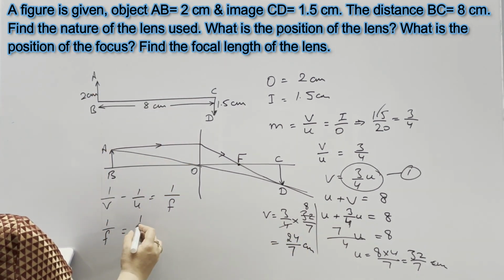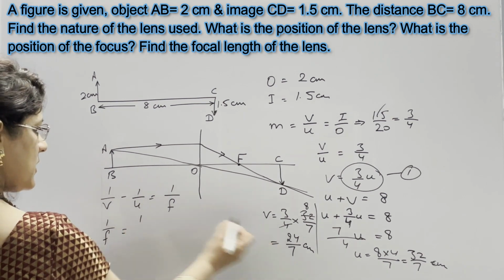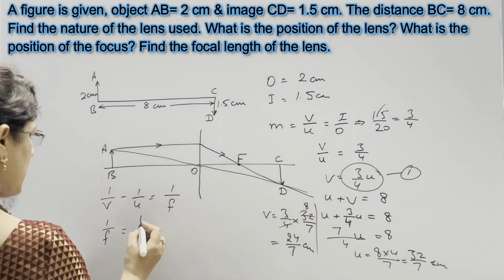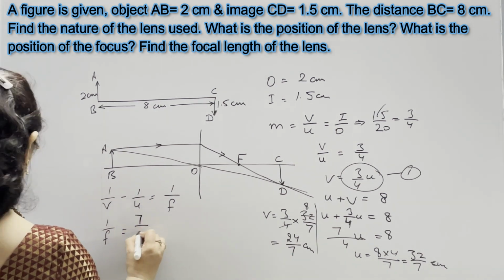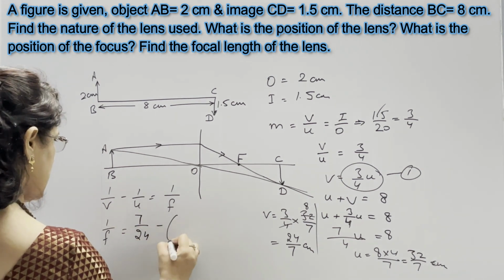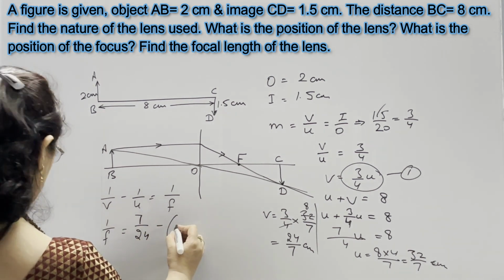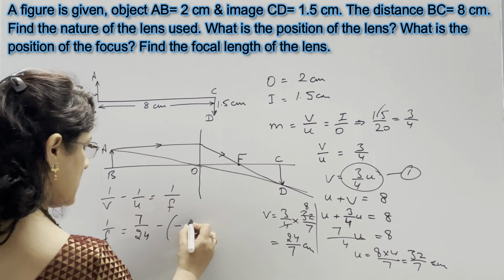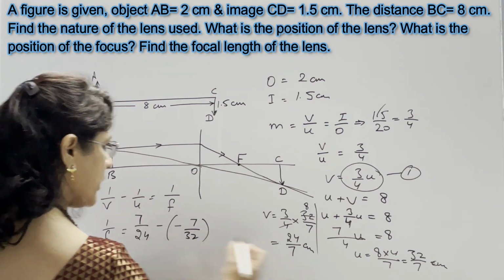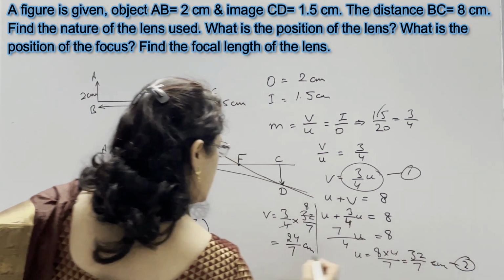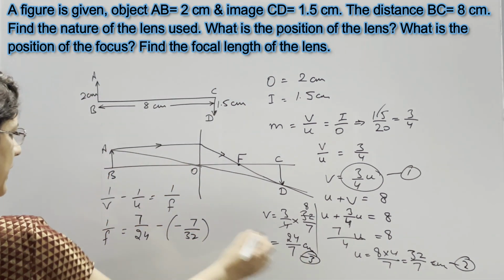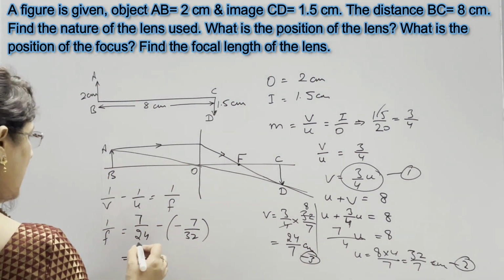And we are placing this value here. So the value is 24 upon 7. So 1 upon 24 upon 7 becomes 7 upon 24. Then minus, and the value of U is minus 7 upon 32. From this second equation, this is the third equation, we are getting these values and filling them in this formula, the lens formula.